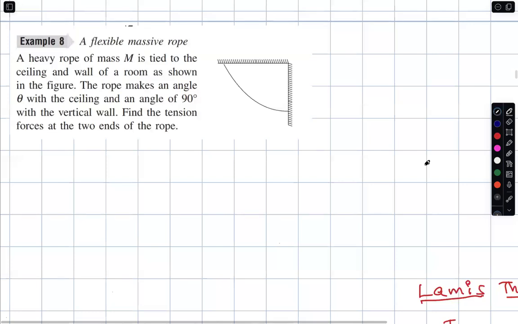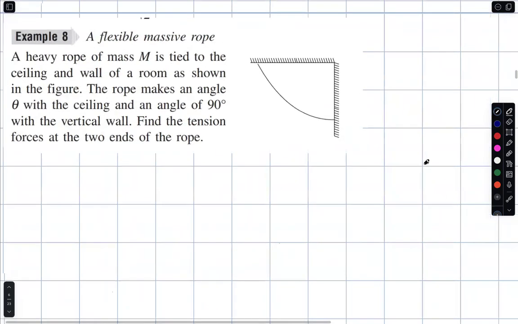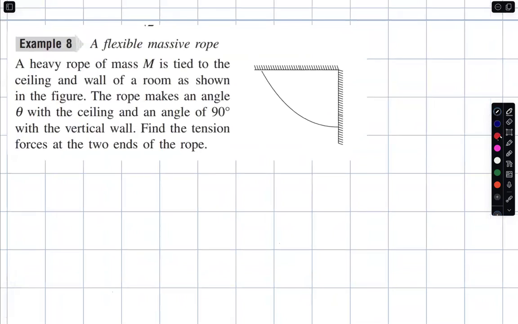A heavy rope, mass M. Go through this. Remember, whatever it is in equilibrium. So I am assuming that T2.